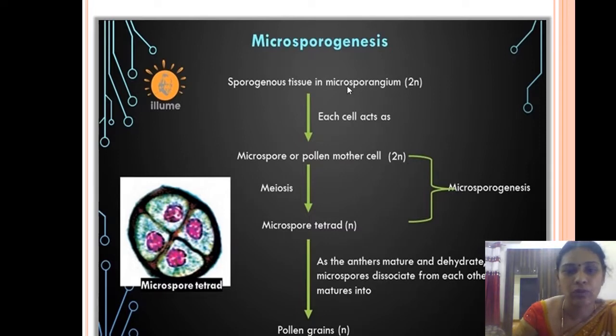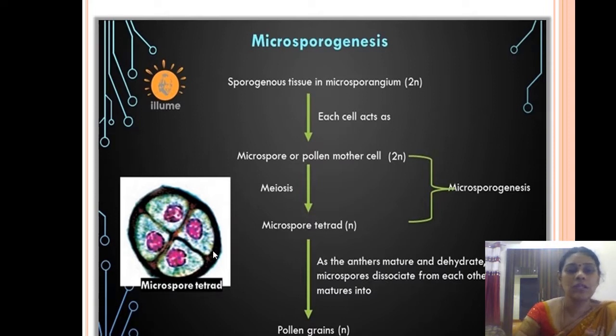So the sporogenous tissue in the microsporangium, by the process of mitosis, becomes a microspore mother cell or pollen mother cell. This pollen mother cell again undergoes meiosis and gives a microspore tetrad with a haploid number of chromosomes. Soon the microspores dissociate and give pollen grains.